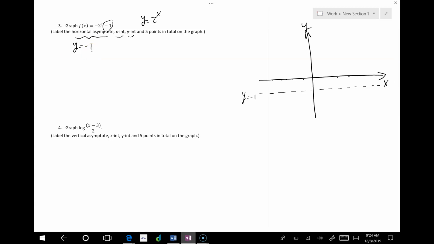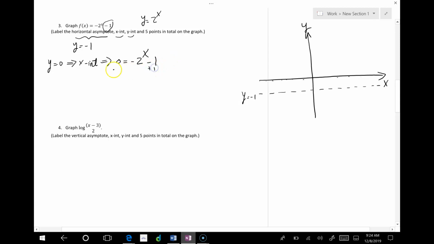X-intercept and y-intercept. The x-intercept happens when y is 0. So you would say y equal to 0. That gives me the x-intercept. So 0 is equal to negative 2 to the power x minus 1. You solve that.